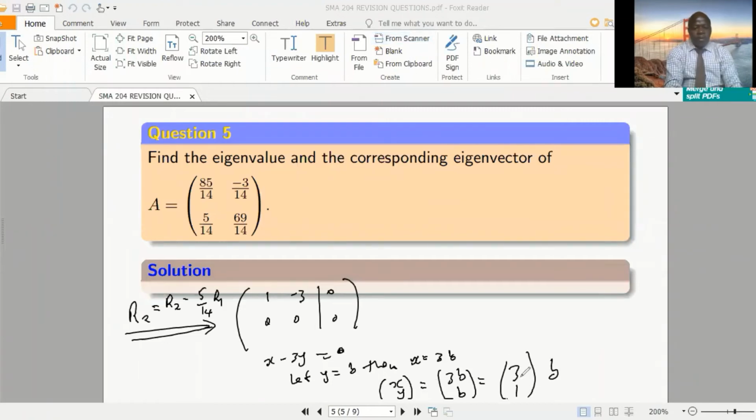So the eigenvector is in this form. It is (3, 1) or any multiple of (3, 1). So I want to take this to be the eigenvector corresponding to lambda equal to 6. And that is the answer to that question. That's how you want to do this question.